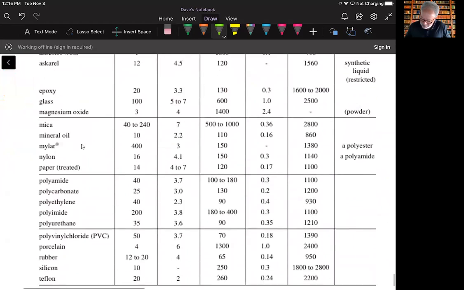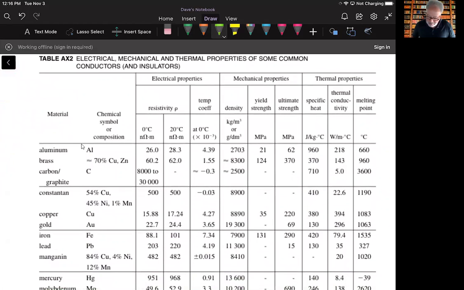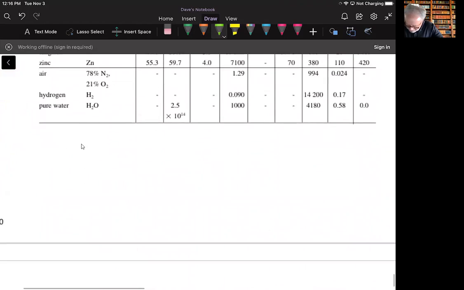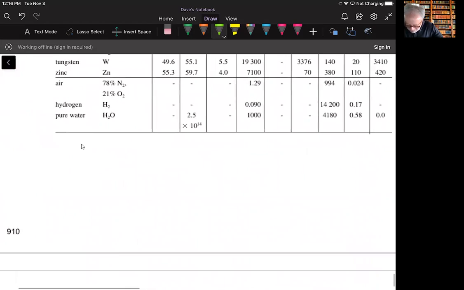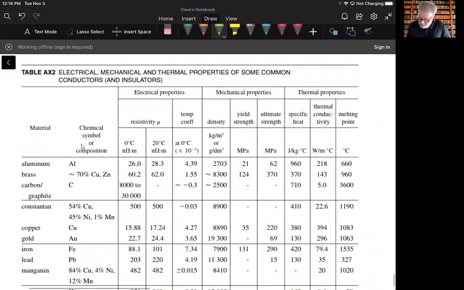that is AX2. Now that's AX1. Okay, so AX2, and I'm not exactly sure what page that would be because I'm showing around 910. It's in the back of your textbook, but resistivity is in this column here. And you can see that what they've done here, this is nano-ohms, okay?